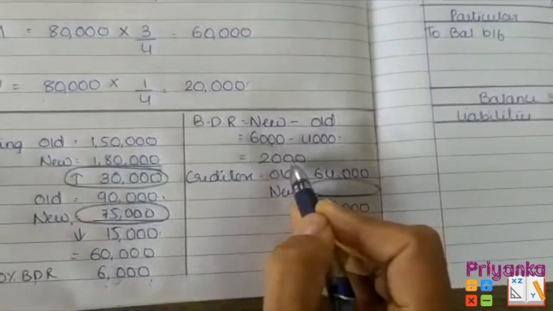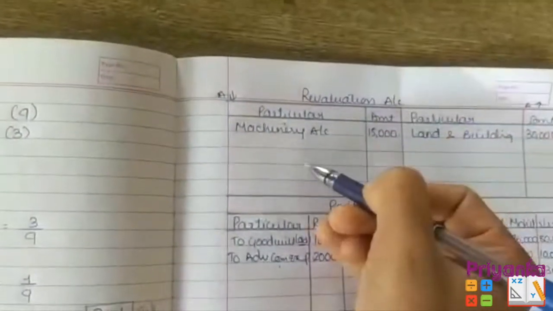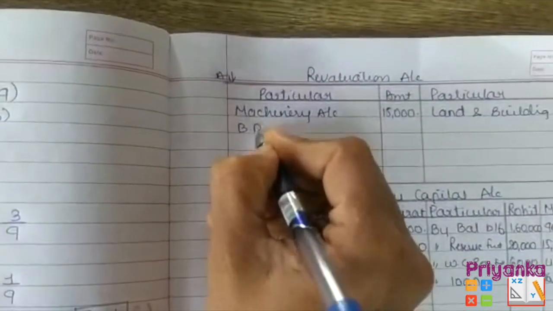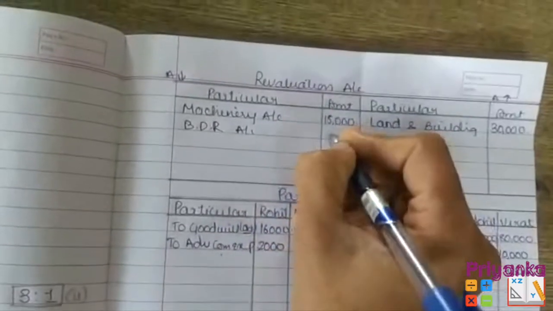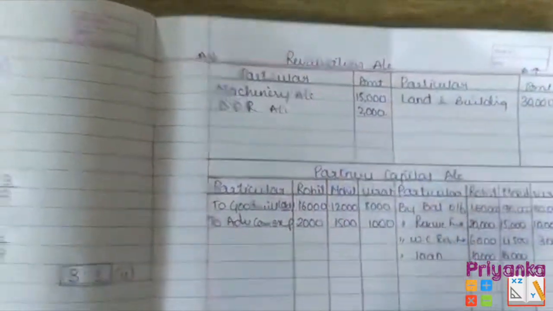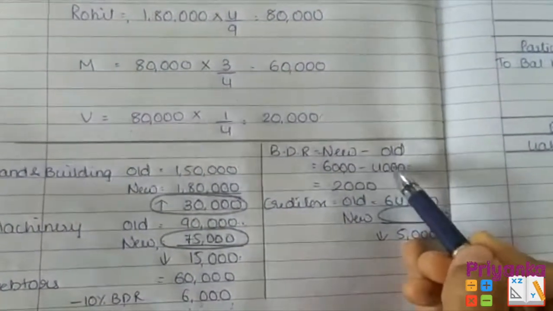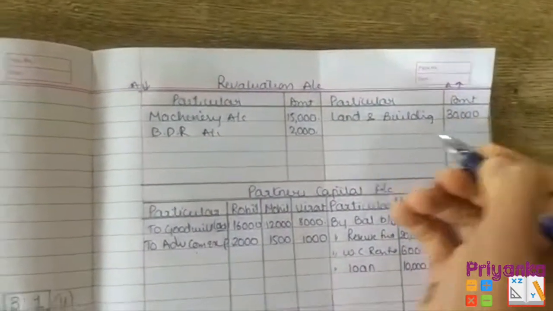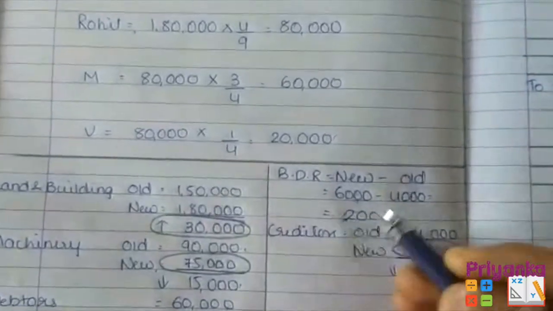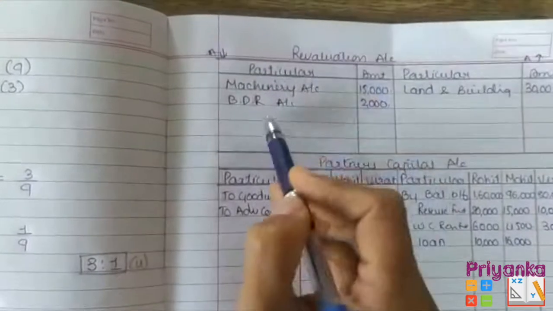If you get them minus, the remaining balance is 2,000. ये पॉजिटिव आंसर आया तो ये रिवैल्यूएशन के डेबिट साइड ही मूव होगा. अगर नेगेटिव आंसर आता तो ये क्रेडिट साइड मूव करता. ओके, आई एम जस्ट शोइंग यू द इजी वे टू रिमेंबर. अगर 6,000, अगर बड़ा नंबर यहाँ पे होता और यहाँ पे छोटा नंबर होता तो ऑब्वियसली आंसर माइनस में आता, और माइनस में आंसर आता तो यहाँ पे जाता. क्योंकि हमारा आंसर पॉजिटिव आया यानी कि प्लस में आया, तो वी आर पुटिंग इट इनटू द bad debt रिवैल्यूएशन डेबिट साइड.